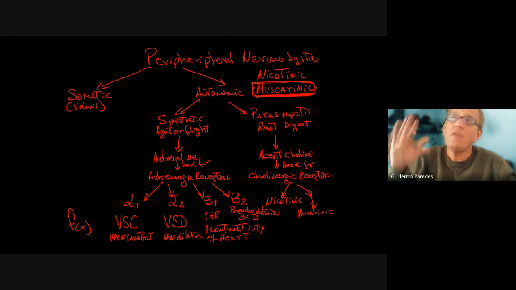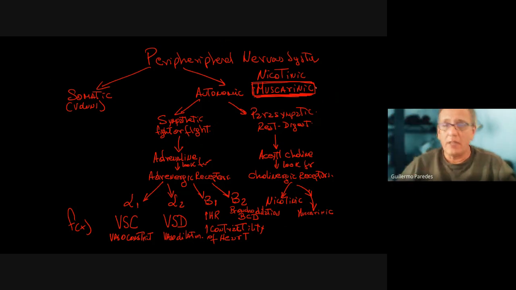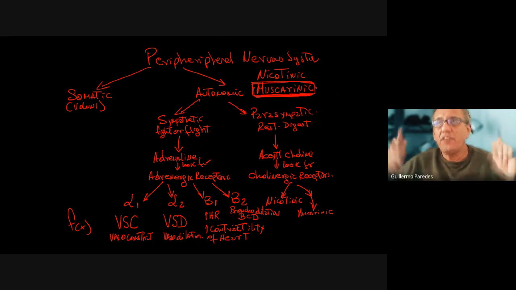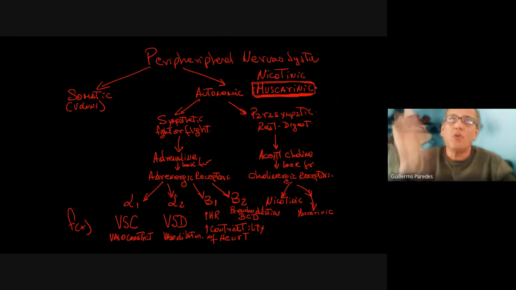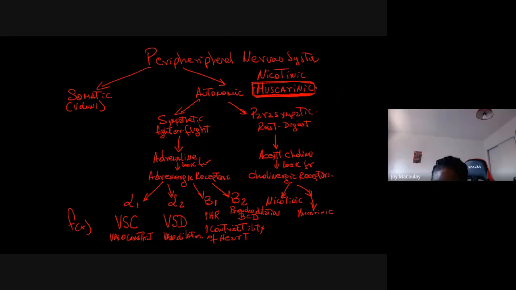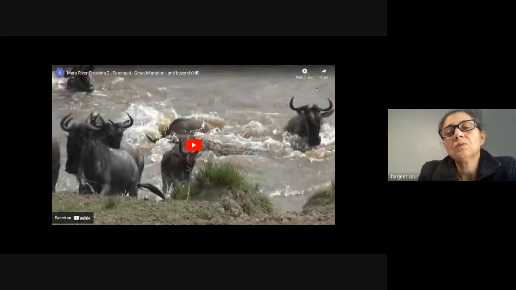So when we are doing medications, we look at the muscarinic effect rather than the nicotinic effect. But both nicotinic and muscarinic use acetylcholine, the rest and digest. Say it one time: cholinergic receptors. What are the names of those receptors? Nicotinic and muscarinic.